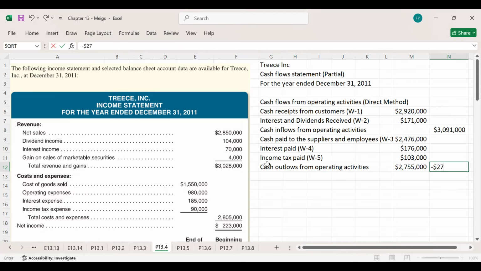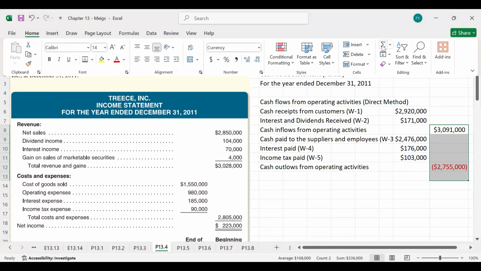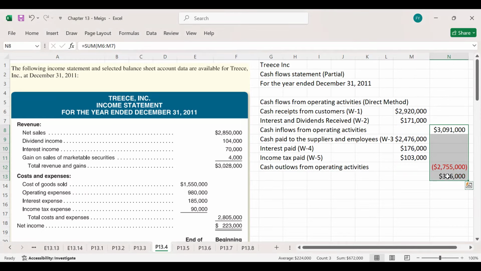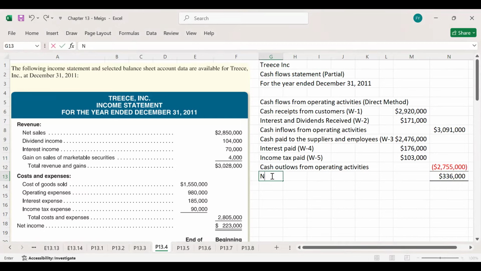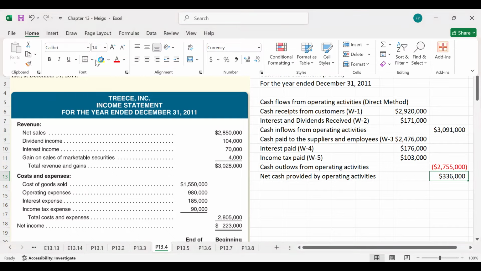This is 2755000. So the net increase or decrease during the year from operating cash flows are 336. So here we have net cash provided by operating activities are this one. So this is our answer from the direct method.